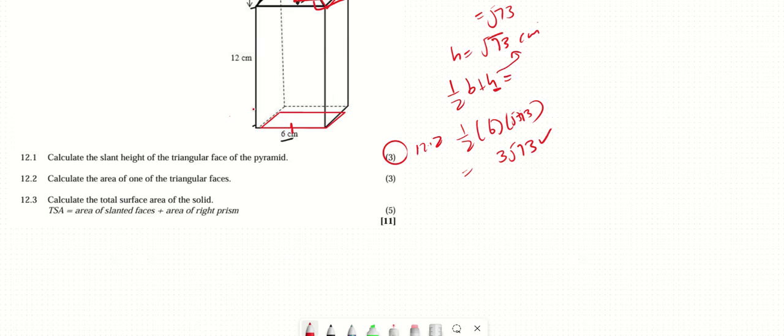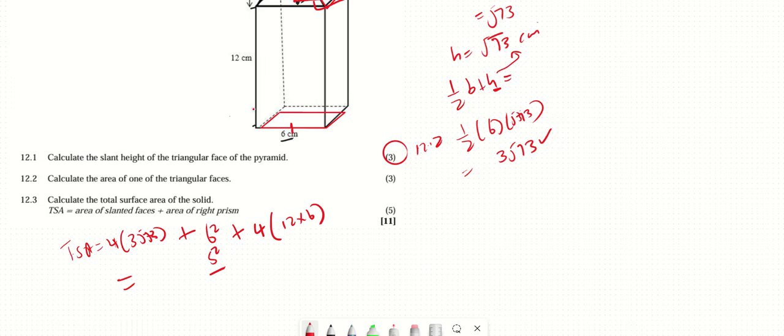There are 4. So the total surface area is 4 times 3 root 73, plus the area of the square, 6 squared, which is the base of the prism, plus 4 times the area of the wall, which is 12 times 6.